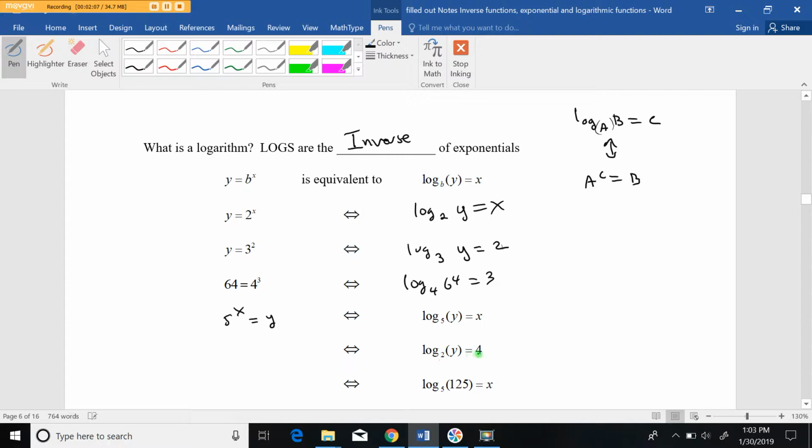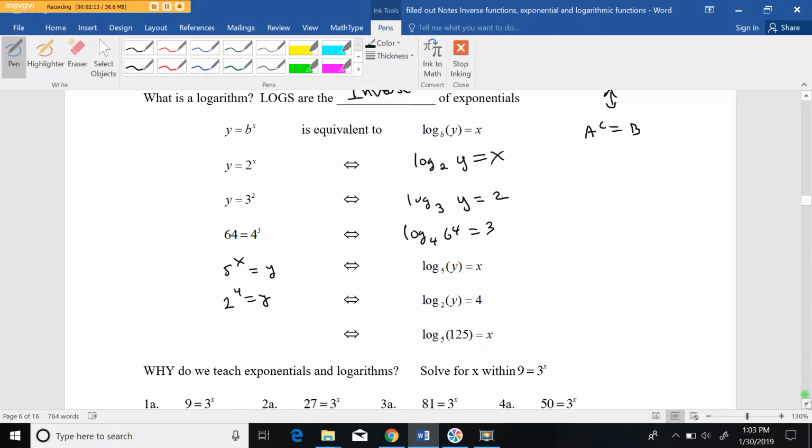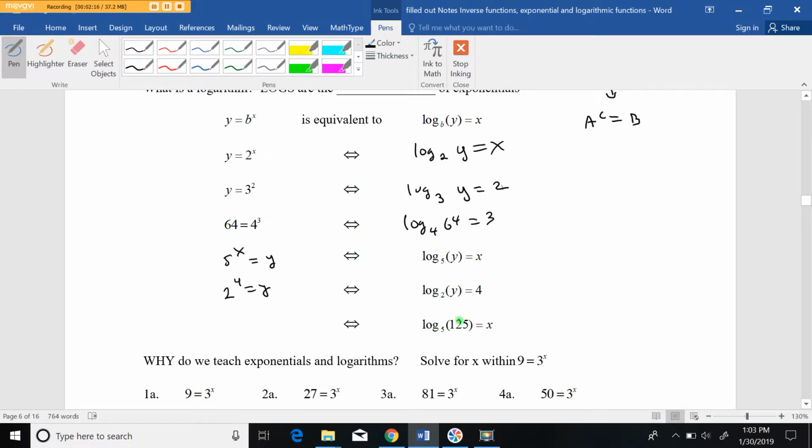This one, 2 to the fourth equals y. This one, 5 to the x equals 125. So it's very important that you be able to go back and forth from exponential form to logarithmic form, or from logarithmic form to exponential form.